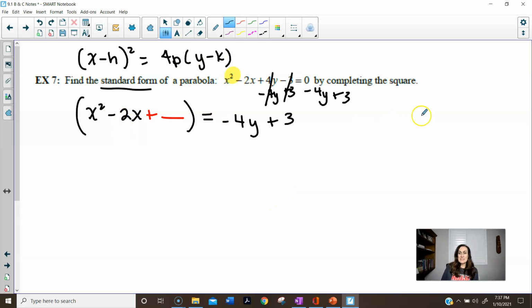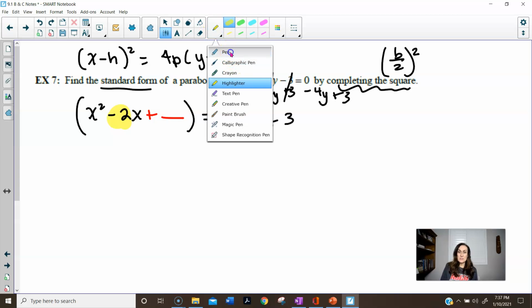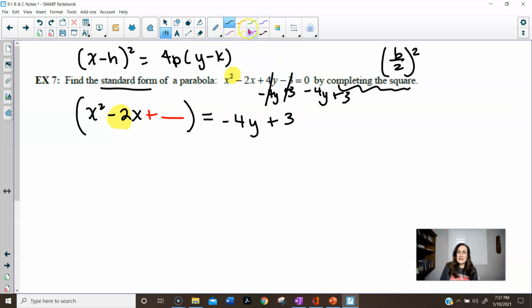So to complete the square, you take b, you divide it by 2, and you square it. What is b? b is the number in front of the x. So you take negative 2, you divide it by 2, and you get negative 1.